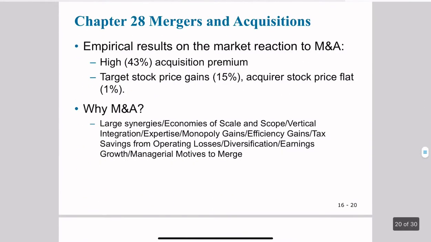Okay, our first topic, merger and acquisition. The first section on this chapter is about some empirical results on merger and acquisition. First, we observe that there is a high acquisition premium. So acquisition premium is pretty much the price paid by the acquirer minus the pre-merger market value of the target.